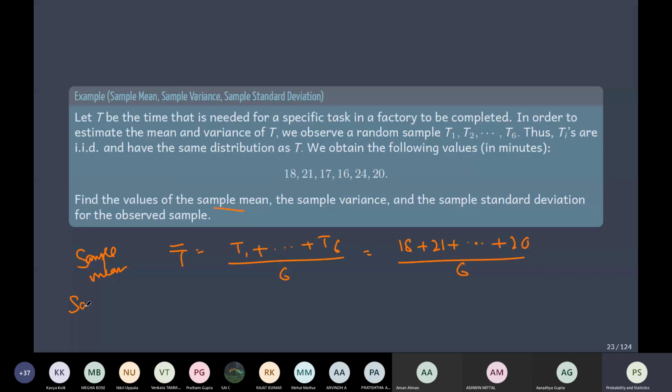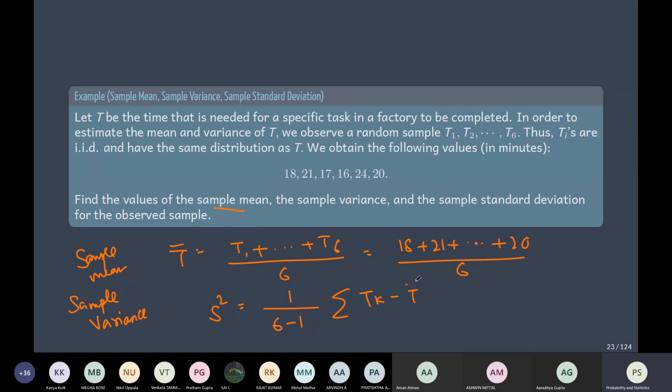And the sample variance S square is 1 by n minus 1, so 6 minus 1, times the summation of Tk minus this T bar.